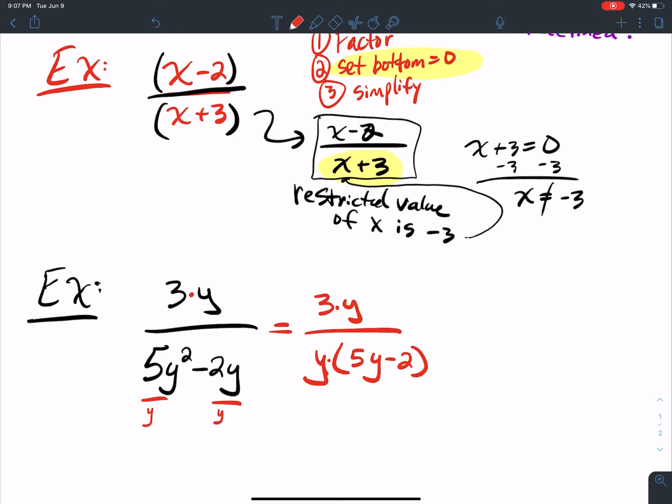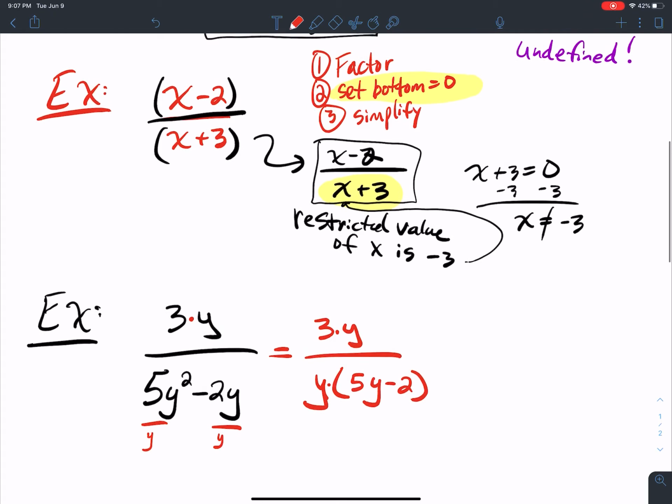Now, before I simplify, what do I have to do? I got to set the denominator equal to 0. What's the denominator? It's this piece right here. So I got to set that equal to 0. y times 5y minus 2 equal to 0.